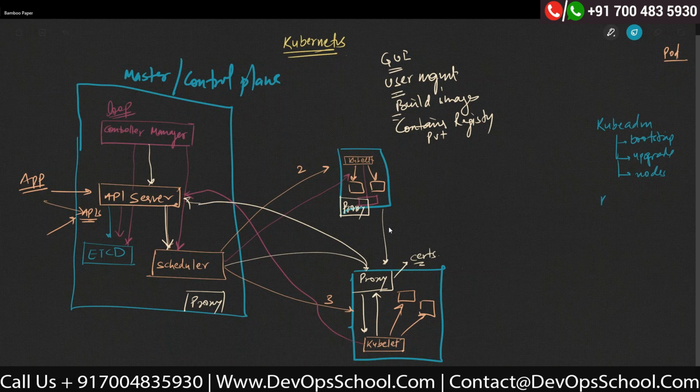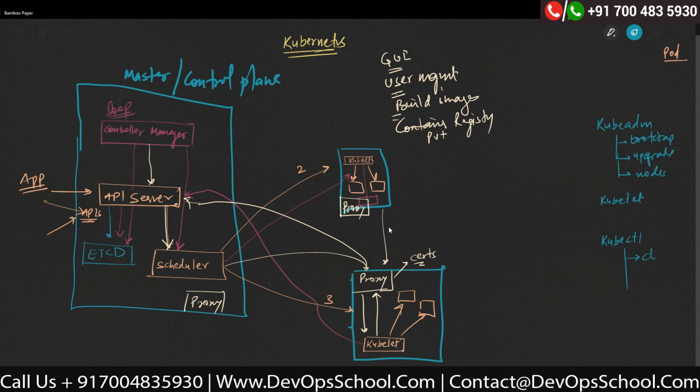Then you have something called kubelet, which we already know. Kubelet is the agent that runs on each machine, so we have to install that. And then there is another tool called kubectl. Kubectl is short for kube control, and this is the tool which can interact with your cluster.